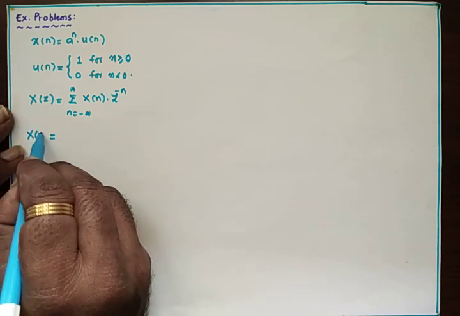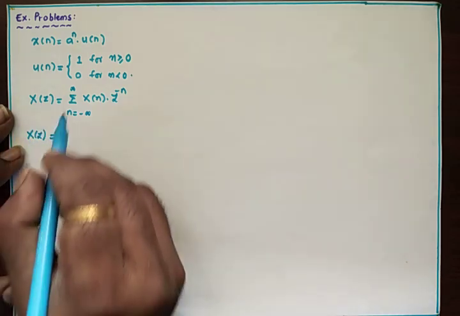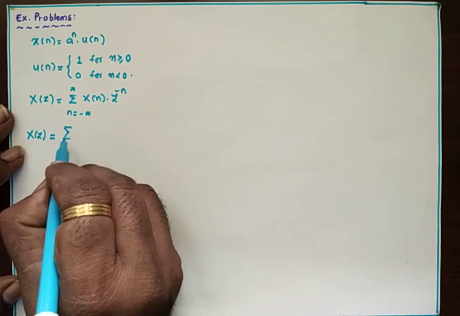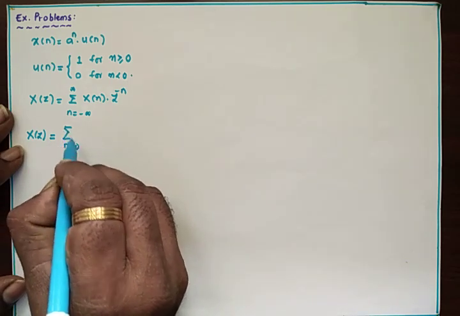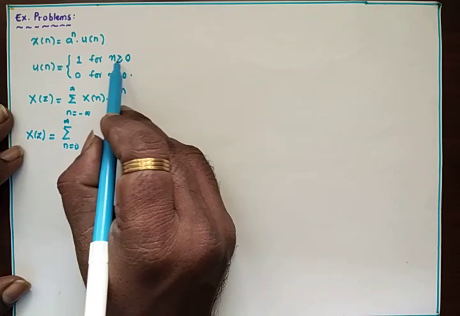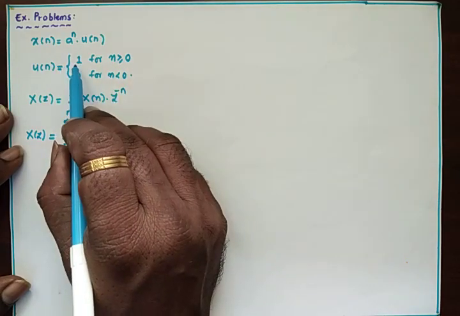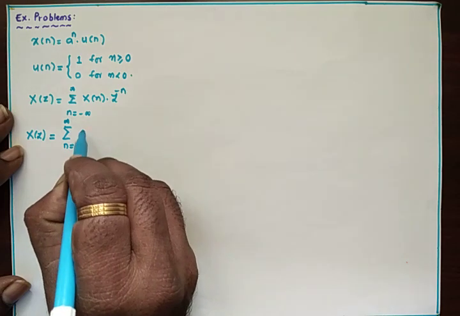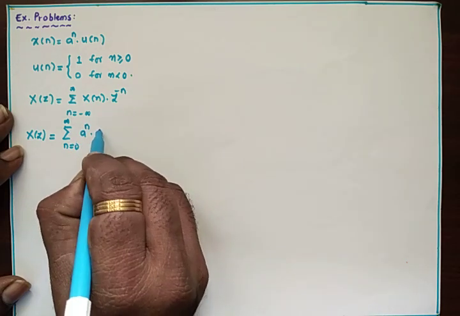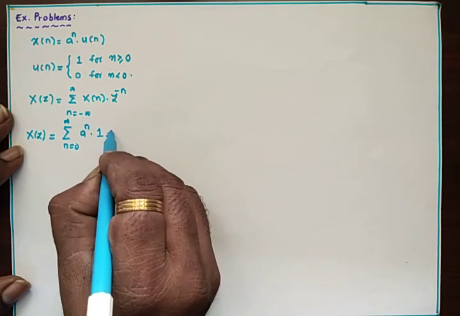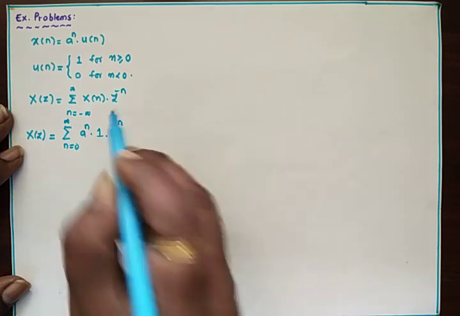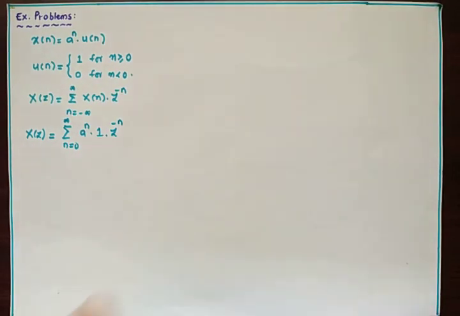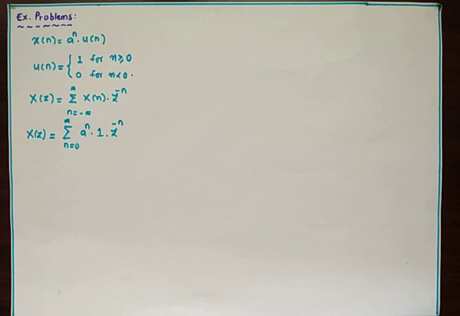I can take directly x of z is equal to sigma n equals 0 to infinity, whose value is 1. So in place of x of n, I can write a to the power of n into u of n, which is nothing but 1 into z to the power of minus n. In this way you can substitute the values.